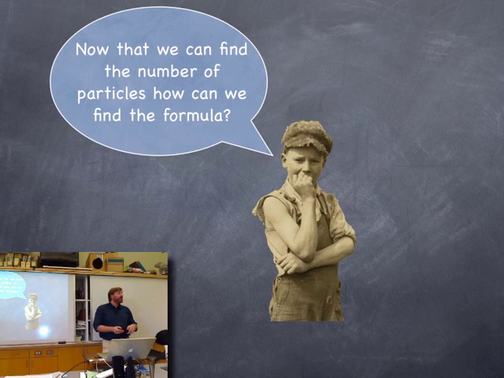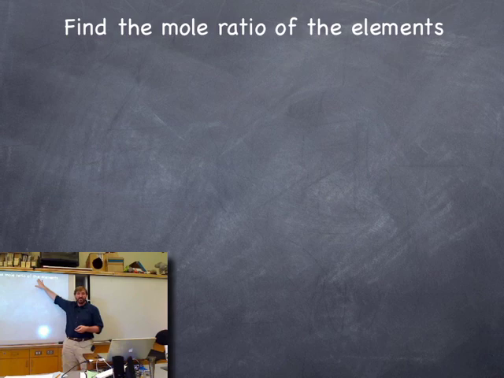I can have 1 sodium to 1 chlorine, or 3 magnesiums for every 2 phosphates. Determining the chemical formula is figuring out the ratio of the number of particles. So we want to find the mole ratio of each element in a compound.